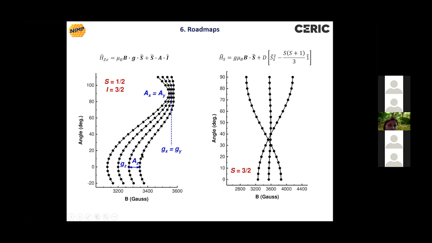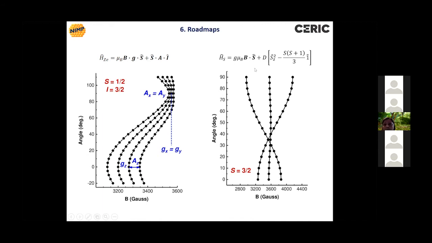Each line is characterized by an MI value from minus 3/2 to plus 3/2. Yes, so the MI values for the nuclear spin 3/2. And for the zero field splitting, I didn't add an anisotropic g factor.